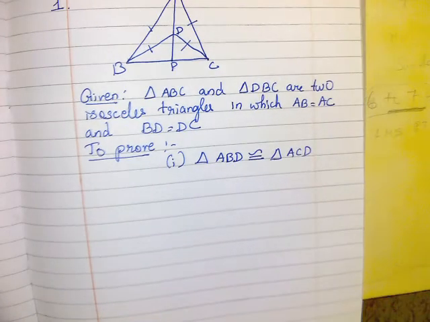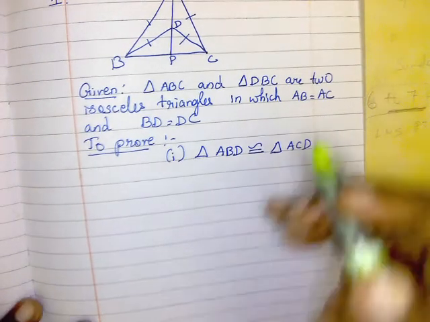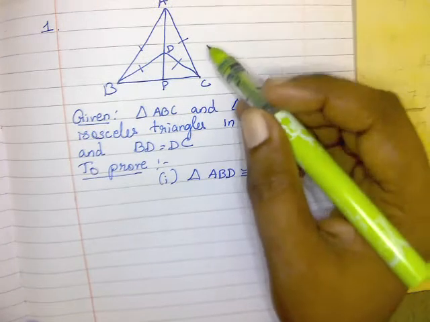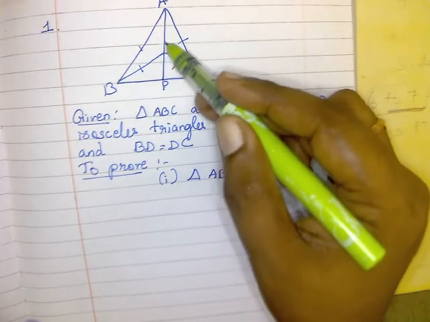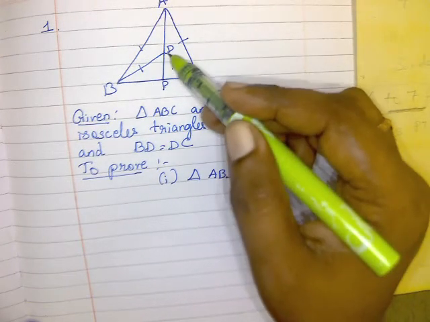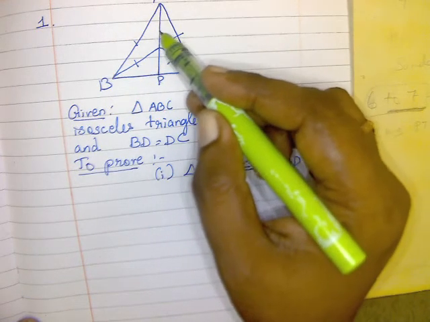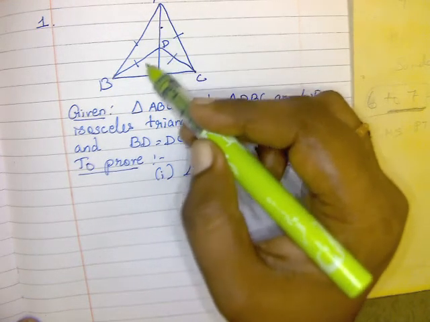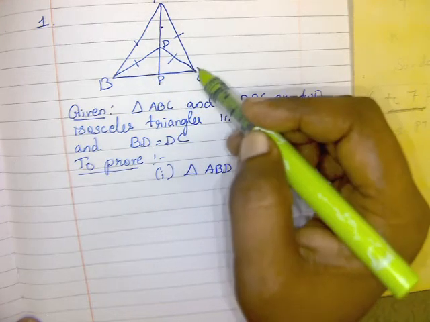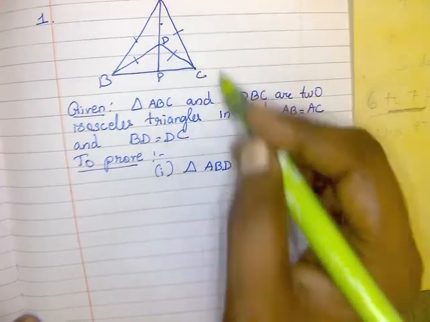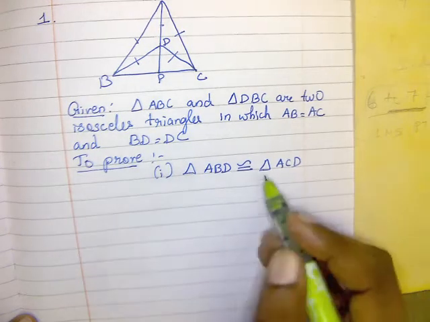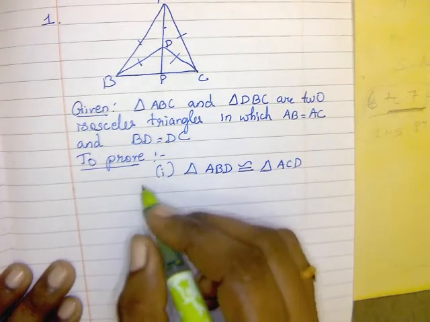Okay, first we will prove this one. Listen here, here we are taking only triangle ABD and triangle ACD. What are the things there to prove? AB is equal to AC and AD is common and BD is equal to DC. So in SSS criteria, you can say that two triangles are congruent.